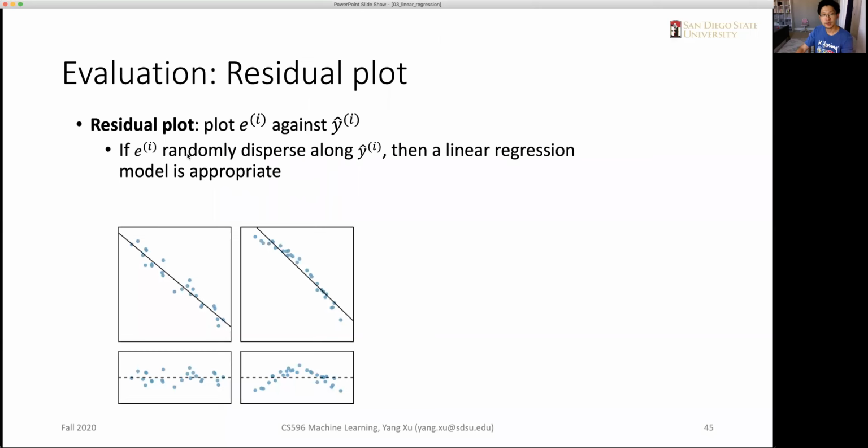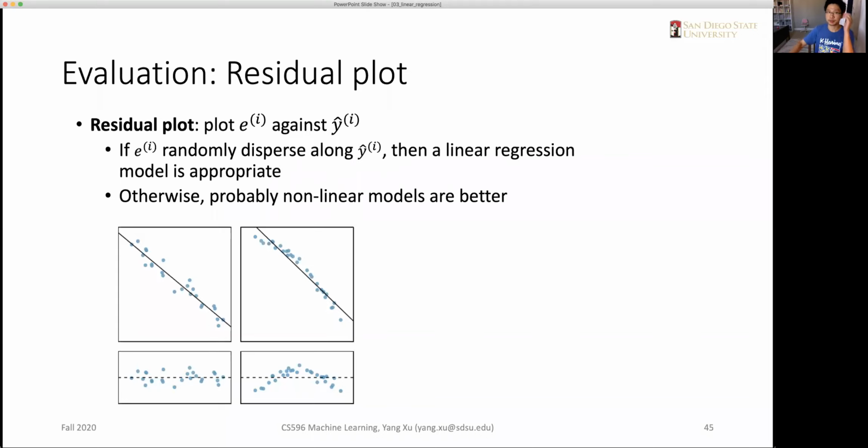If the e_i randomly disperse along all the predicted y hats, then the linear model is more appropriate. We want the e_i to be as evenly distributed as possible. If it's not evenly distributed, for example in this way, then it's a so-called non-linearity problem in the model.